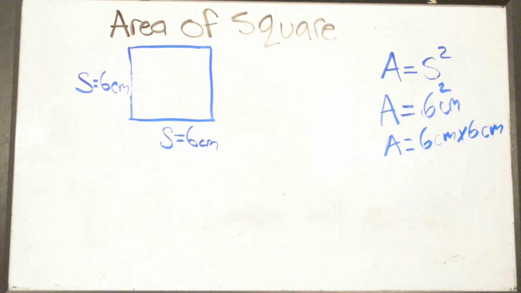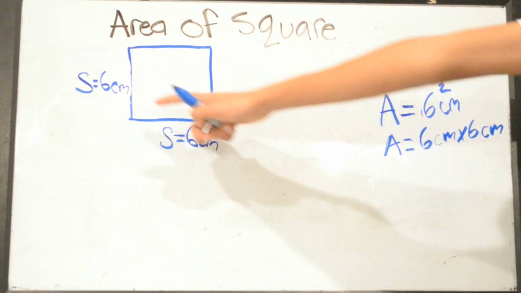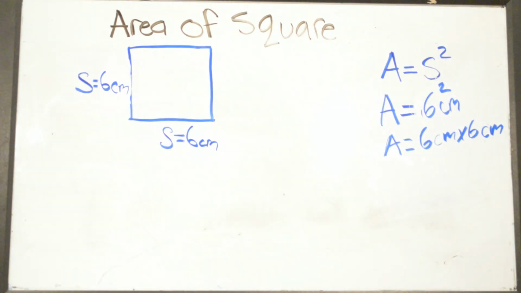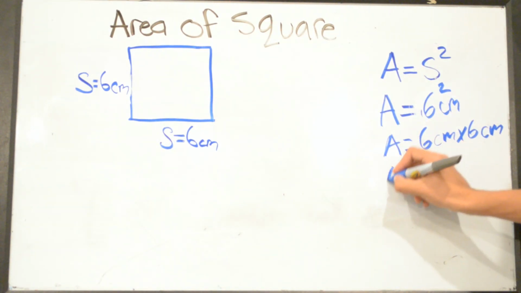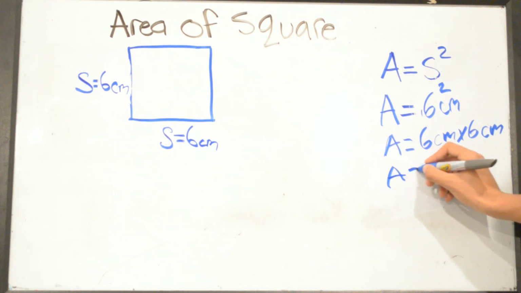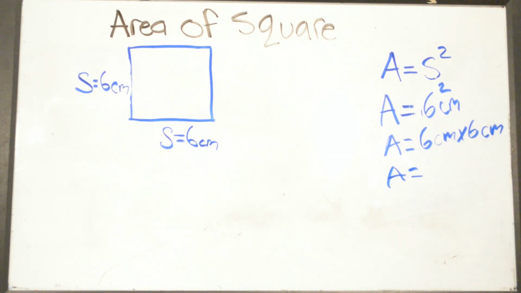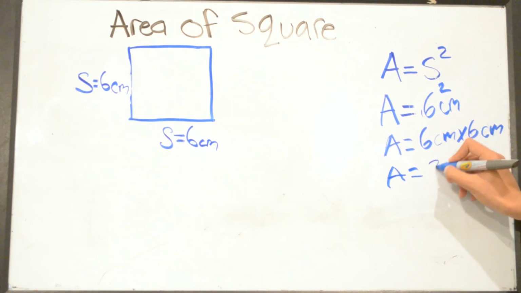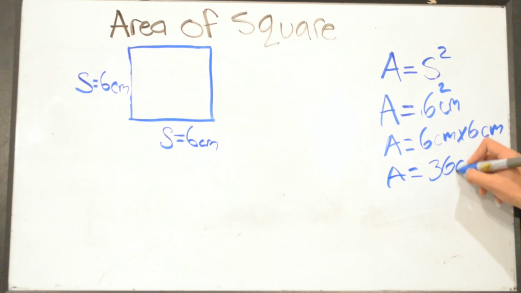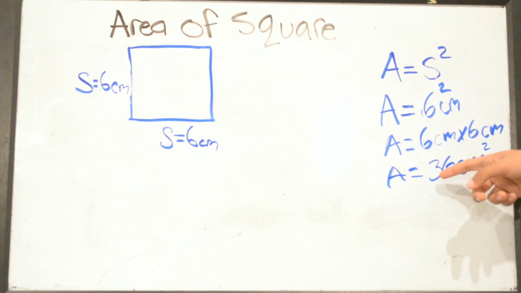The reason why we multiply 6 centimeters by 6 centimeters is because we have 6 centimeters here and 6 centimeters there. So 6 times 6 is 36. Our final answer is 36 centimeters squared because 6 times 6 is 36.